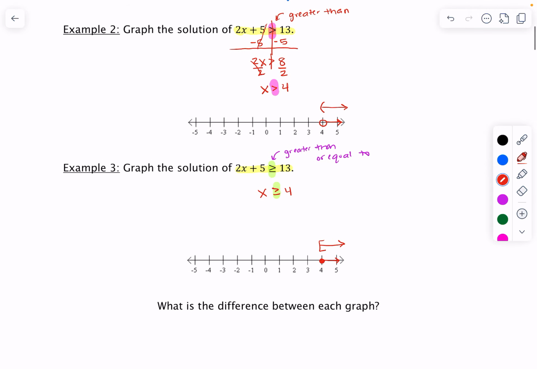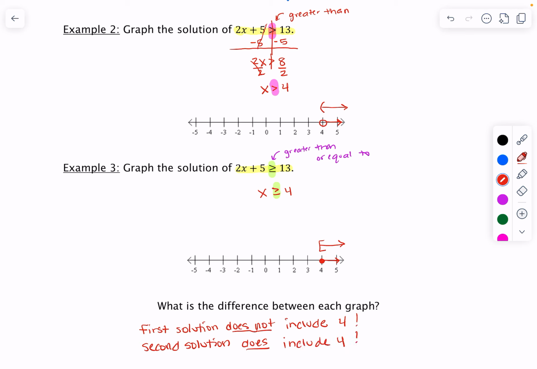Well, the first solution does not include 4. The second solution does include 4.